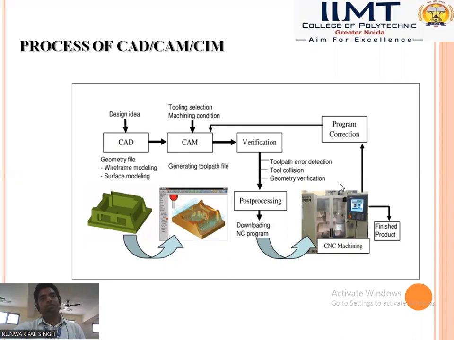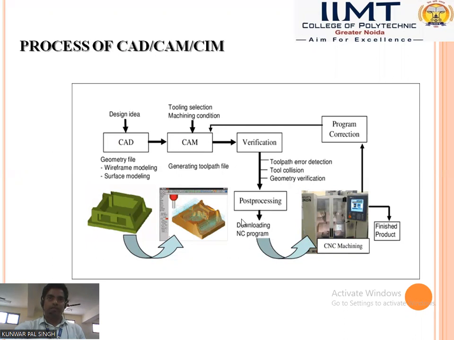After that, the CAM process is completed and the verification starts. Verification means tool path error detection. While machining, a tool path error might come, so it must be detected, along with tool collisions and geometry verifications. Then post processing, which means downloading the NC program.